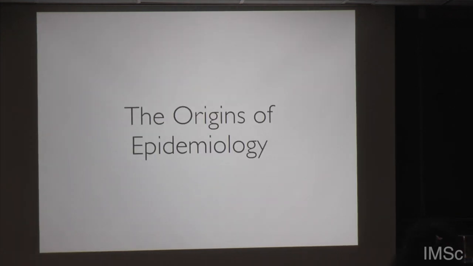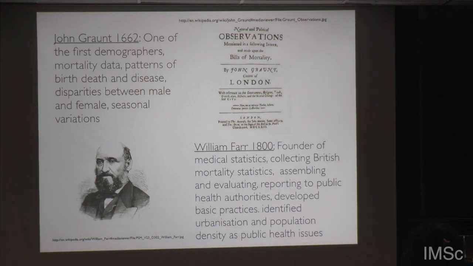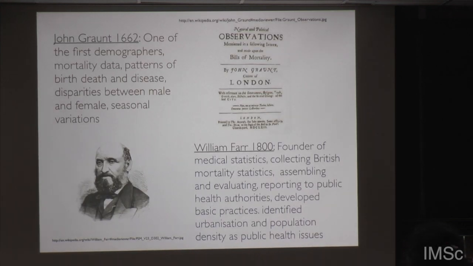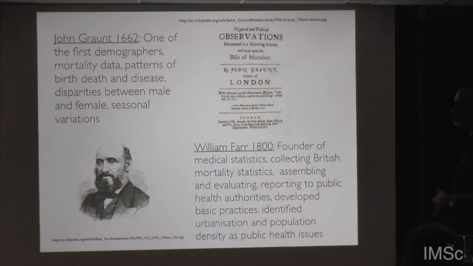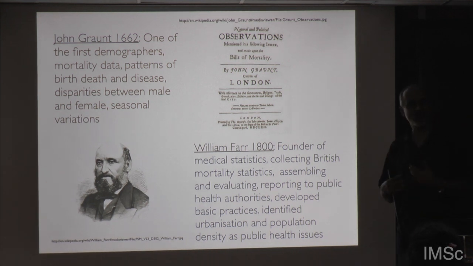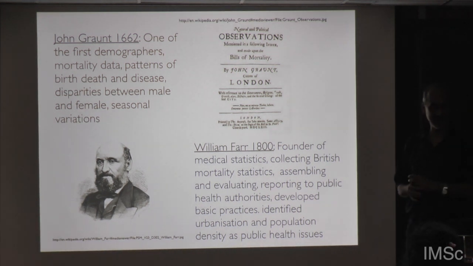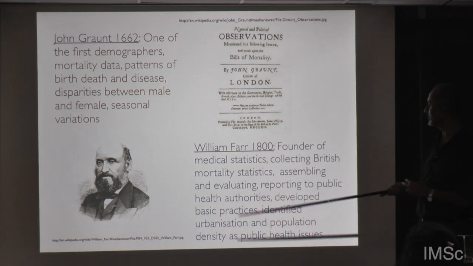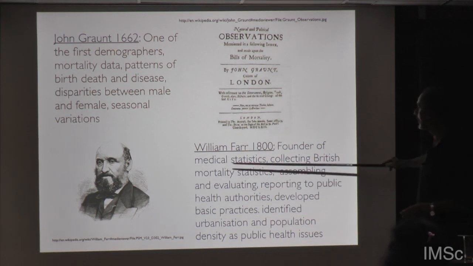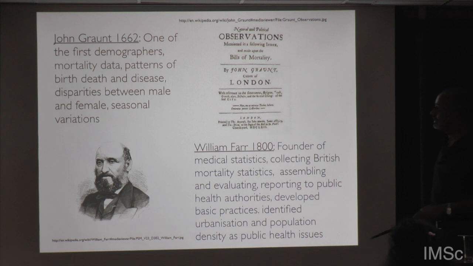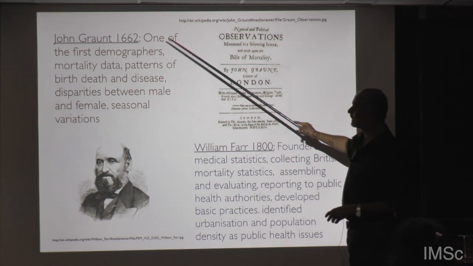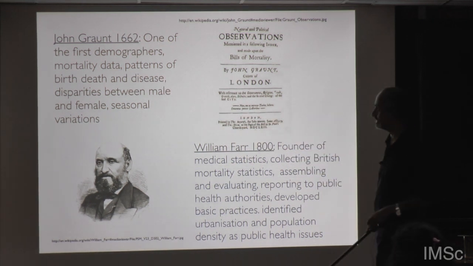So let's focus a little bit more on things that have more to do with mathematical treatments of disease. And that's about epidemiology. The first people who looked at causes of mortality, why are people dying, where are they dying, etc., were John Graunt and William Farr. He was the first person to look at mortality data, patterns of birth, death and disease.